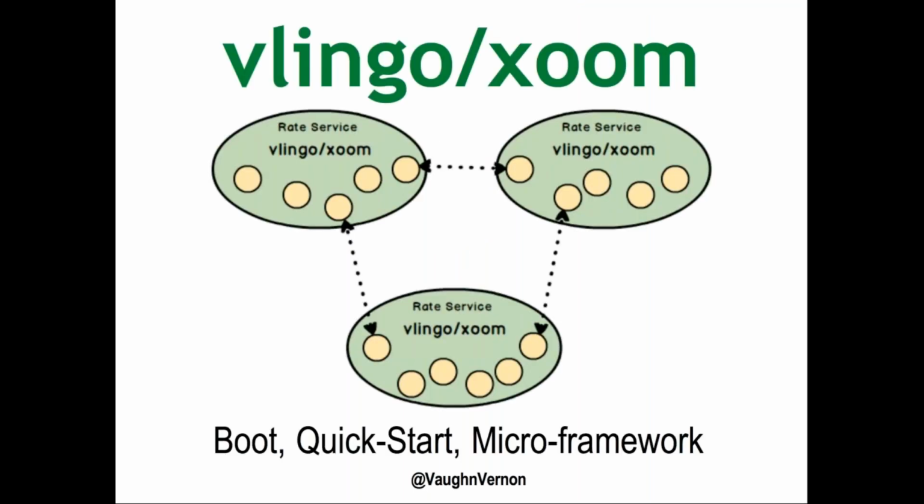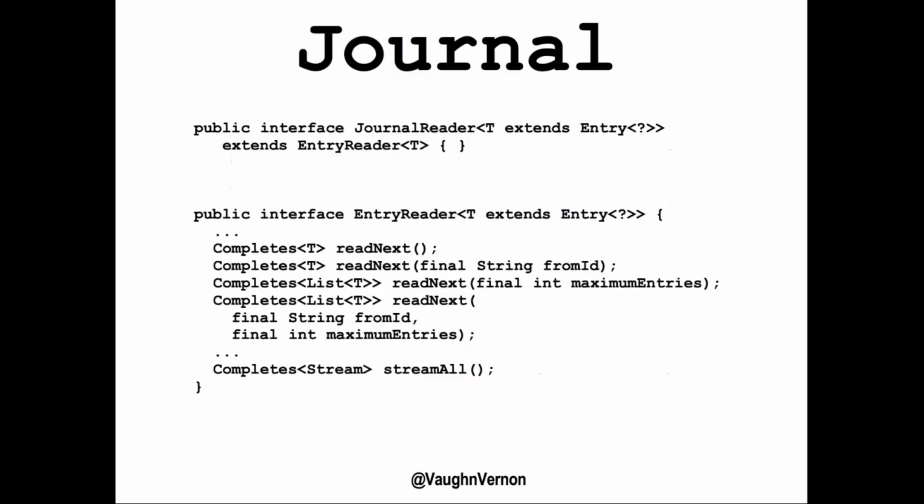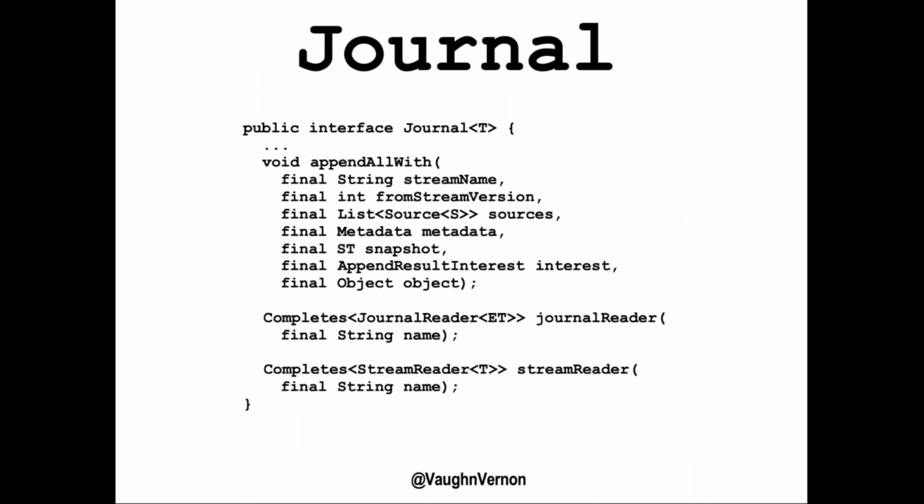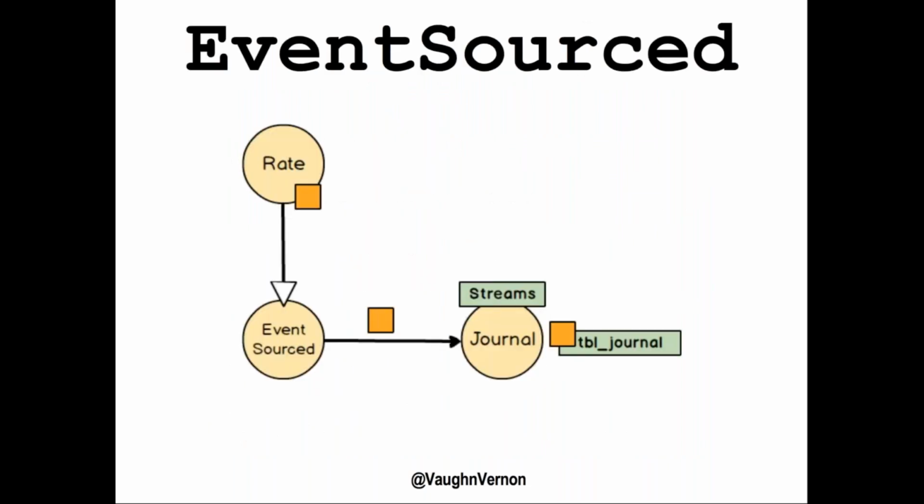In fact, let me roll back a little bit and just show you this diagram. So notice that the rate invokes an apply method on the event sourced abstract base class.